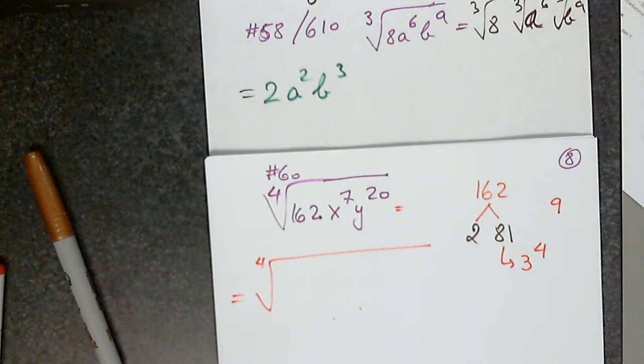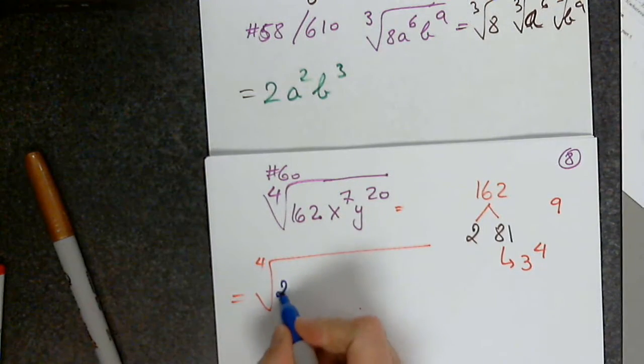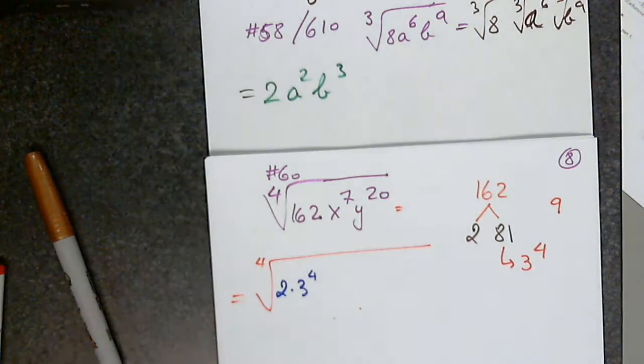So can anyone tell us how to break up then 162 x to the 7th y to the 20th? How do I break up 162 then? Yes, 2 and 3 to the 4th. Excellent. That's 162. How do I break up x to the 7th? And can you tell me which dictates here?